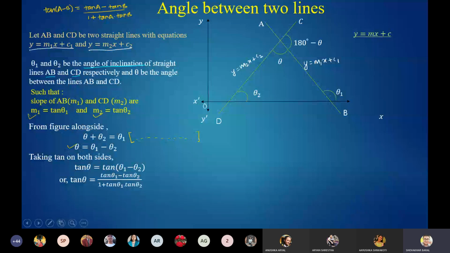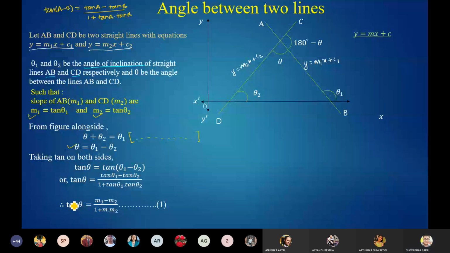Here A and B are replaced by theta 1 and theta 2. Please copy it first. So let's replace the values. We are going to connect it with the slope. So tan theta equals m1 minus m2 by 1 plus m1 into m2.